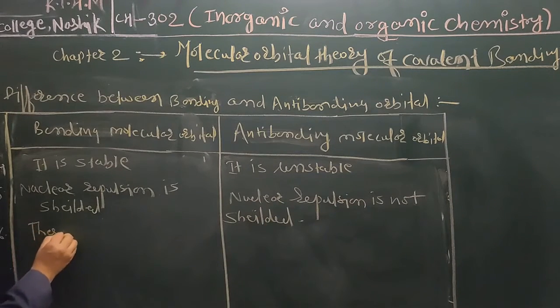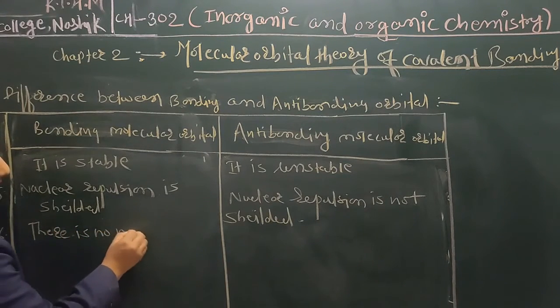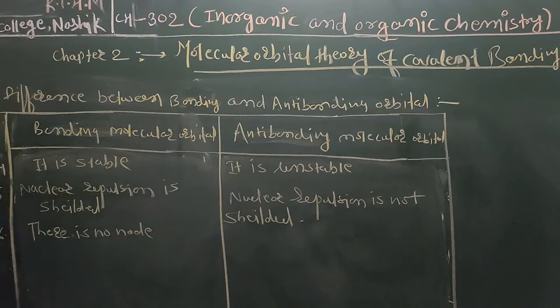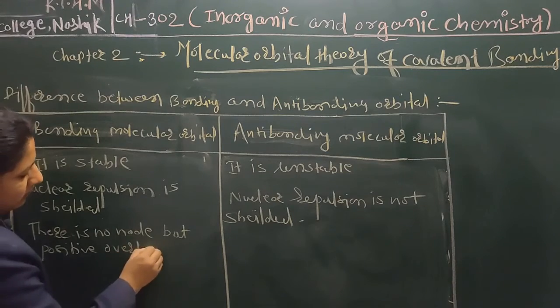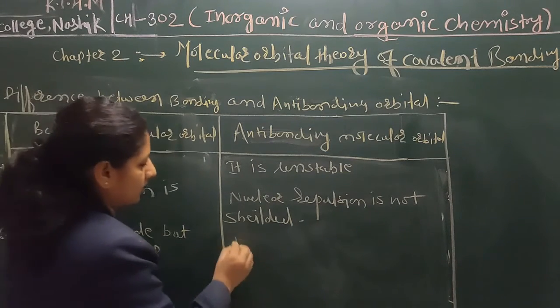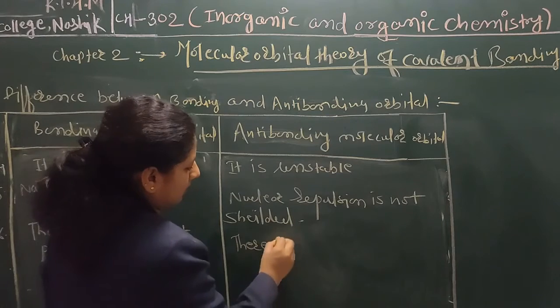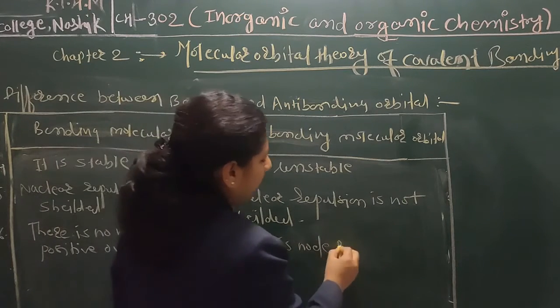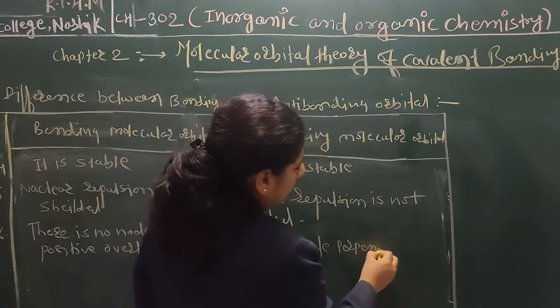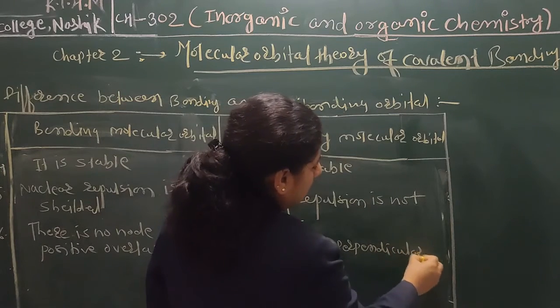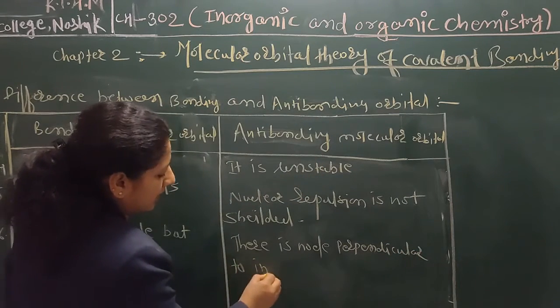Then in bonding there is no node but positive overlap. In antibonding there is a node perpendicular to the internuclear axis.